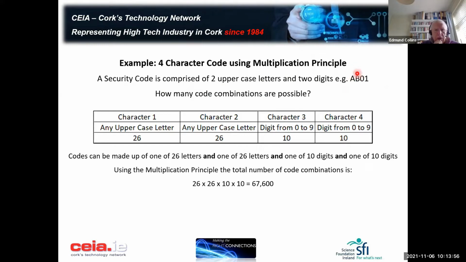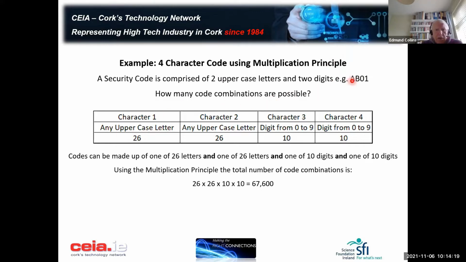Very important now, in this case, we're talking about upper or lowercase, but when we're dealing with options in this example, it's only uppercase. So if there was upper and lowercase, we'd double the options, but only uppercase here. So how many code options are possible?